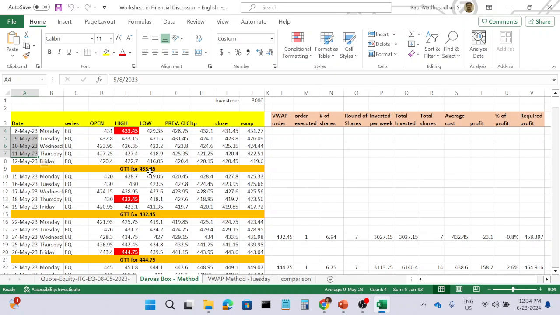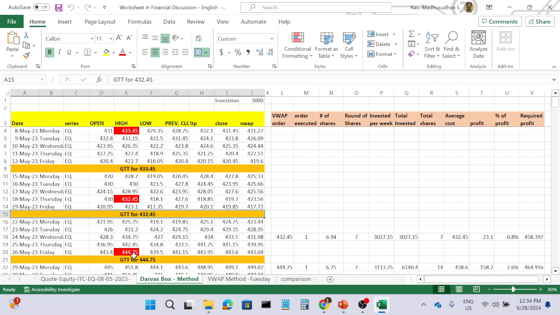If during the next week the price goes beyond this, then a buy will happen. In this week, 433 was not reached, so there was no buy. Next week again on Friday, we identified that 432.45 is the high price, and then we ordered for 432.45.